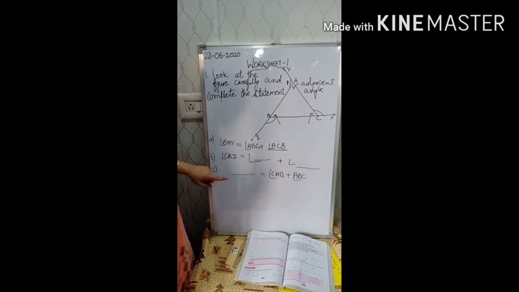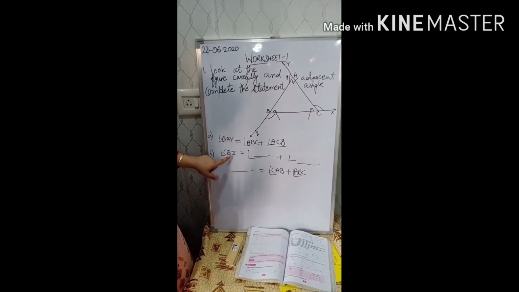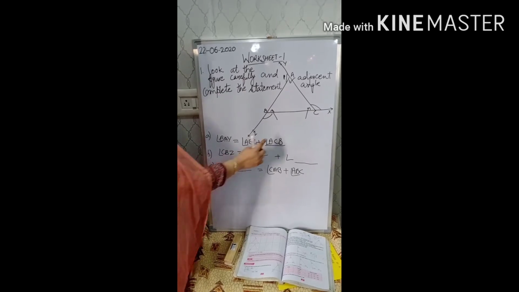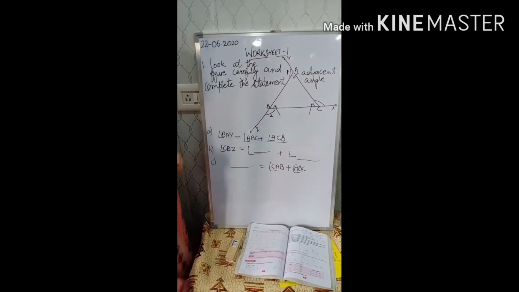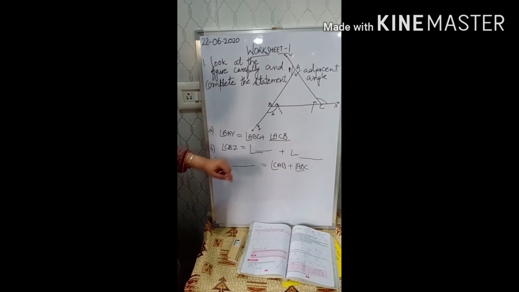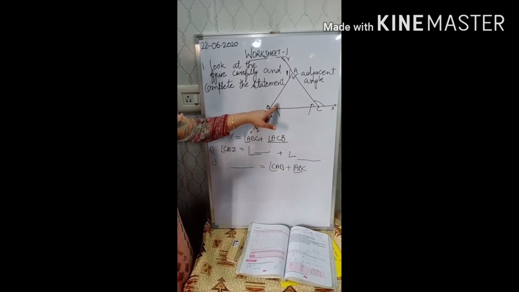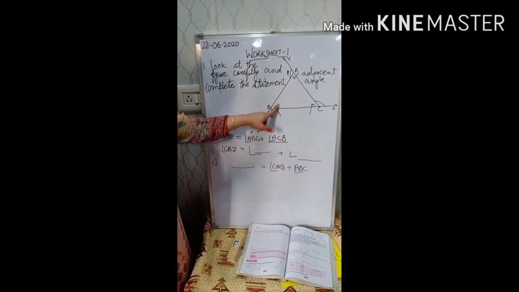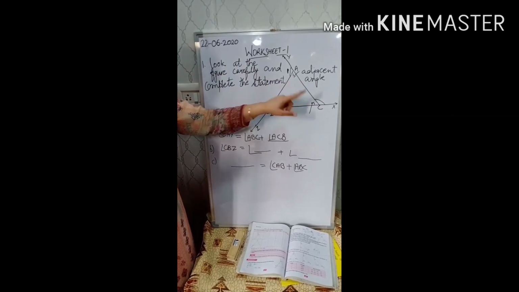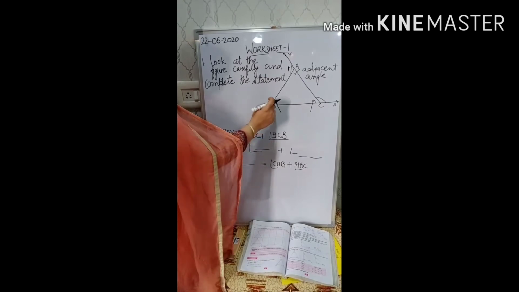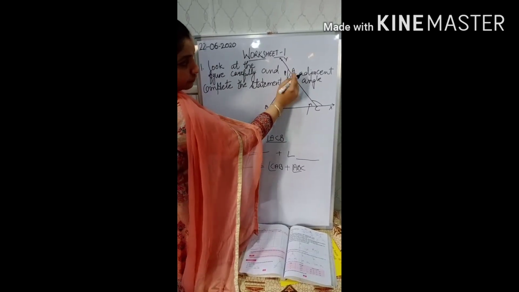Now, next part, CBZ. Which is the angle CBZ? Let it be 2. Now that is equal to, here this one is an adjacent angle. Obviously, these two are the interior opposite angles. Now, how can we write? First, we have to write this name.